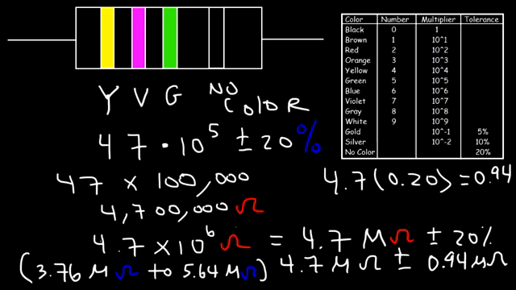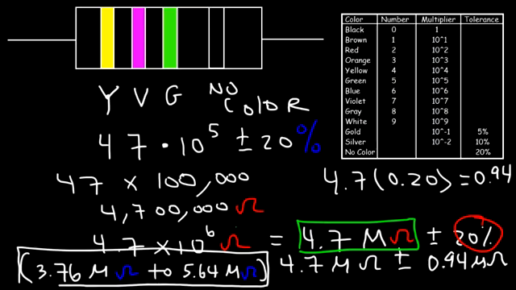So the average resistance for this particular resistor is about 4.7 mega ohms. The tolerance level is 20%, and the range is between 3.76 and 5.64. So this resistor can have any value in this range, but most likely it's going to be around 4.7 megohms.